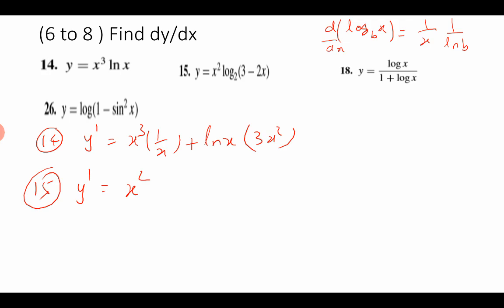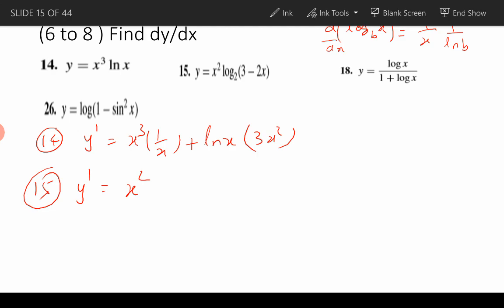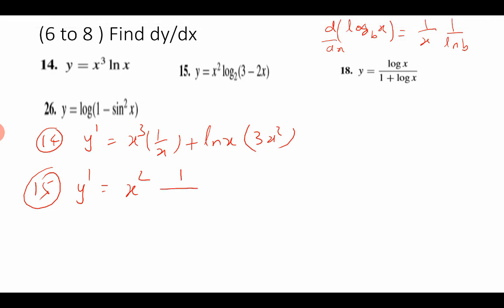That should be remembered. So when you differentiate this term, the base is b, so you will get 1 over 3 minus 2x and 1 over ln 2, and then differentiate 3 minus 2x by using chain rule, 0 minus 2, plus keep the log base 2 of 3 minus 2x, differentiate x square, you will get 2x.